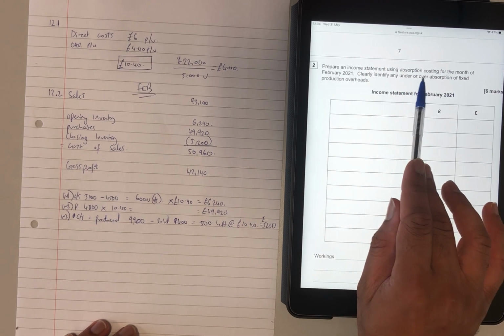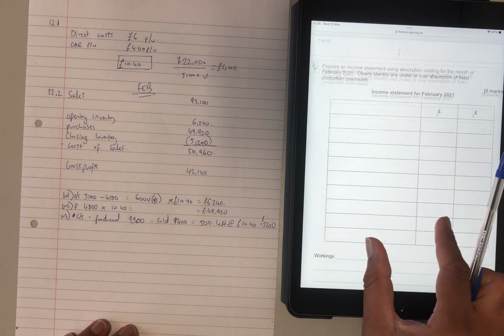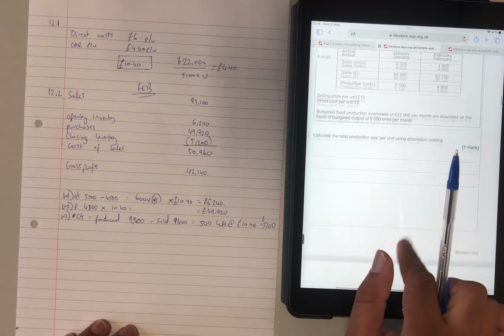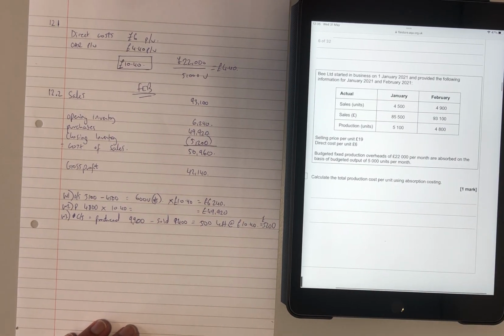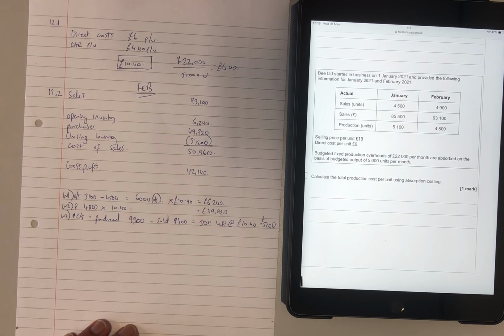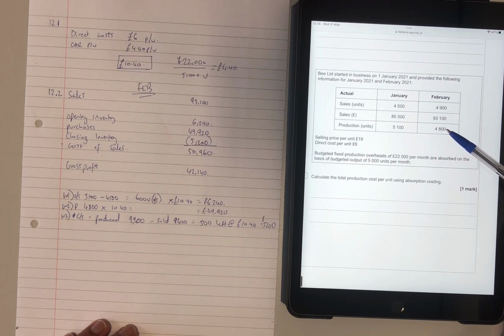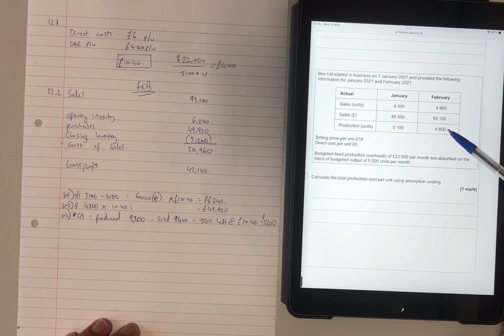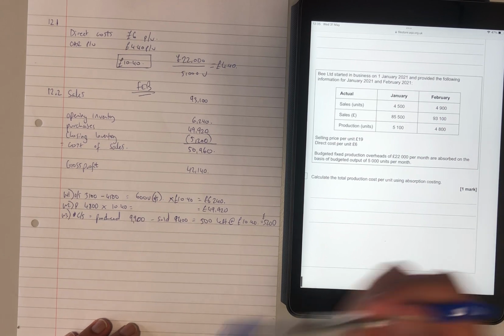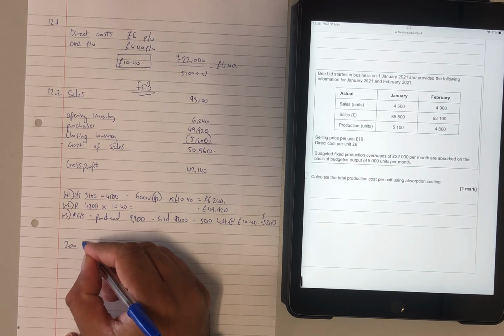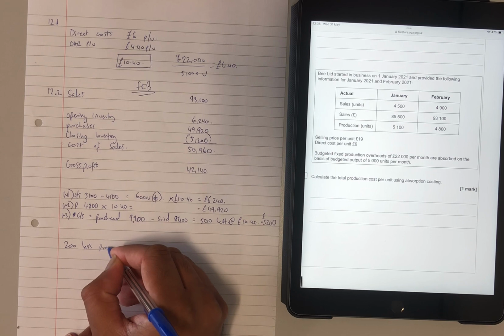Identify any under or over absorption. Okay, so basically the simple answer to this question is in the month of February, if you've learnt your stuff, then you'll know what I'm talking about. In the month of February, we produced 4.8. According to the budget, we produced 5, meaning we produced 200 less. Okay, what does that mean? 200 less produced.